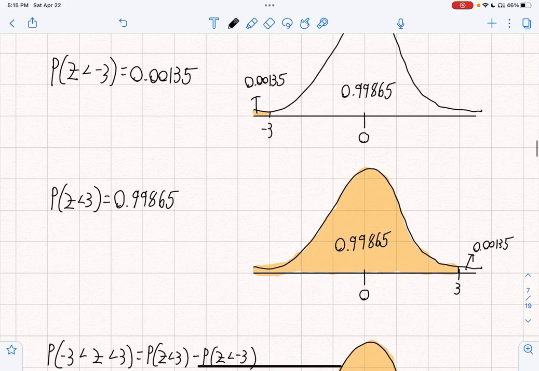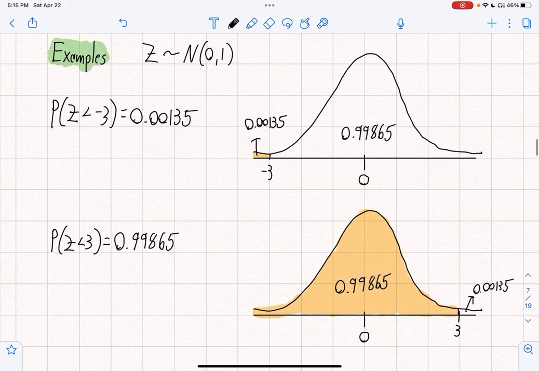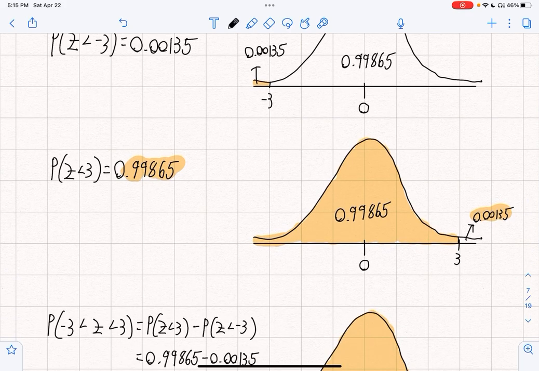Okay, so we technically didn't do this one. We did z less than 3. We found that to be 0.99865, but notice that we already have it. It's 0.00135, right? Because it's just 1 minus the highlighted area. So this was 1 minus 0.99865, which is equal to 0.00135.